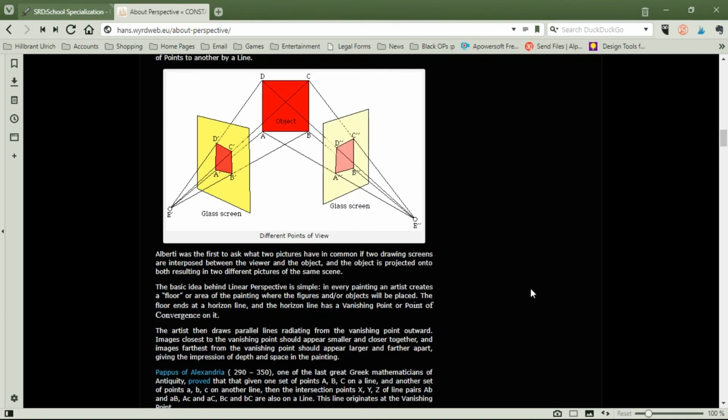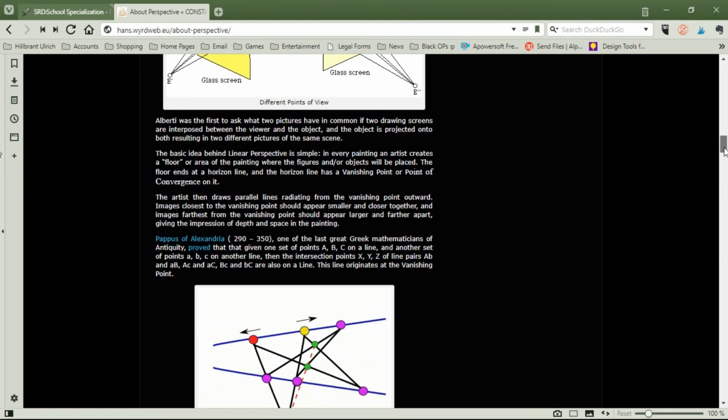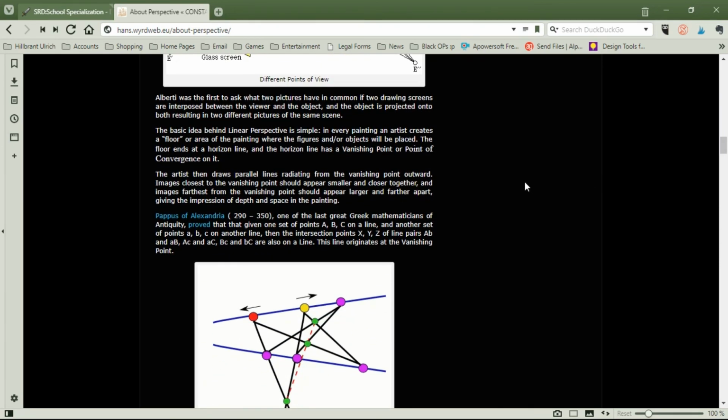Okay, sorry about that. The basic idea behind linear perspective is simple. In every painting, an artist creates a floor or area of the painting where the figures and or objects are placed, right? Sorry, that helps me get back into it, because I had to pause. The floor ends at a horizon line, and the horizon line has a vanishing point or point of convergence on it.